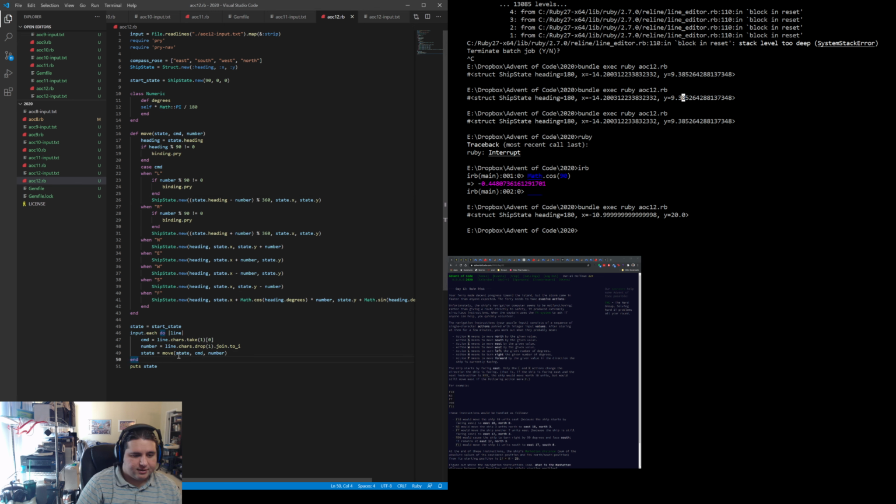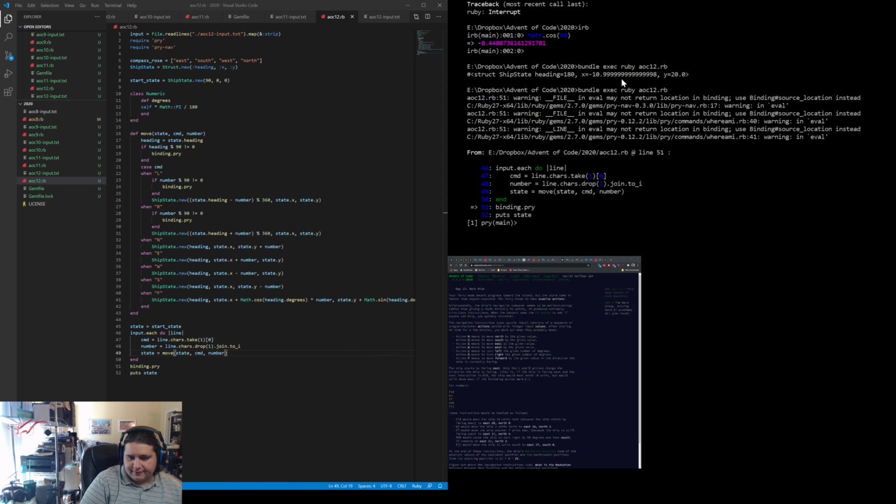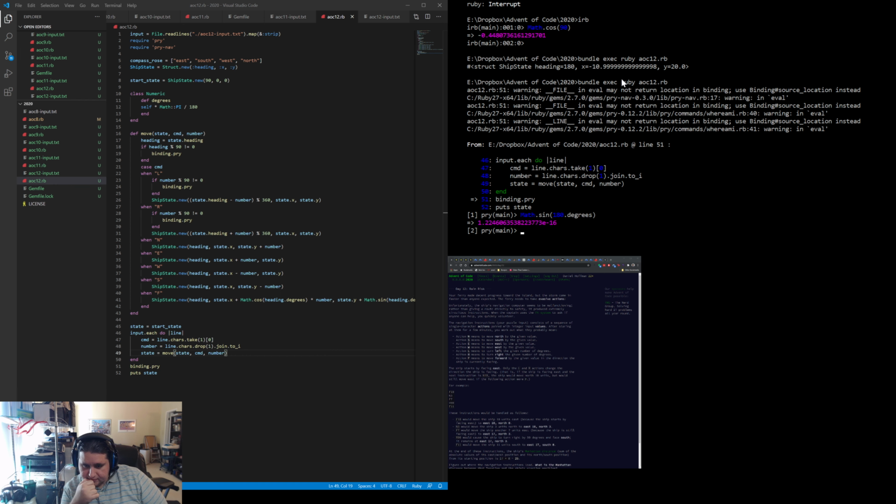Okay, so if I do a binding up try here, I should be able to at least use my degree helper when I run this. So that's basically 0.